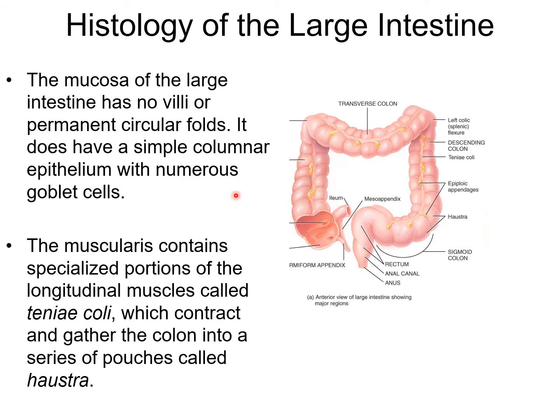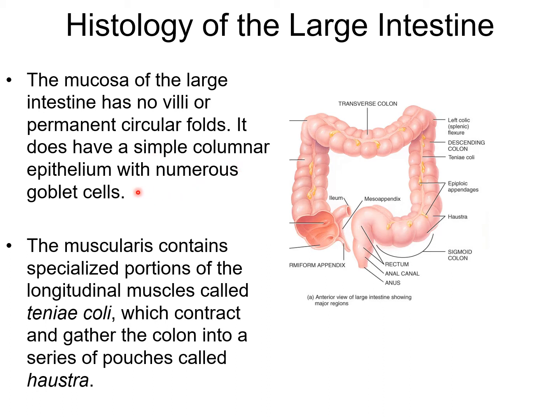In terms of tissues making up the large intestine, we're not going to see anything tremendously different from the stomach through the small intestine and now through the large intestine. The mucosa is simple columnar epithelium.